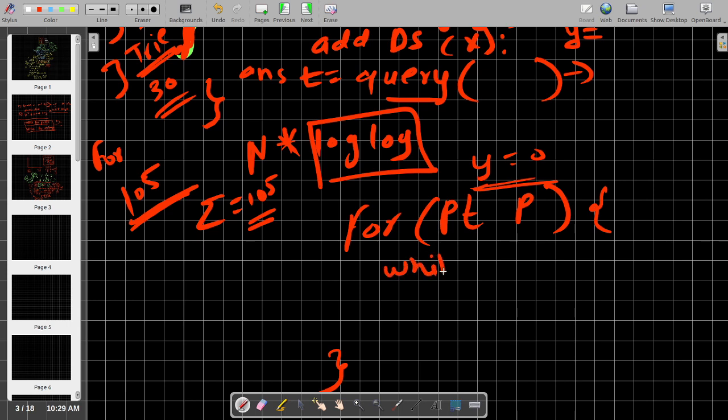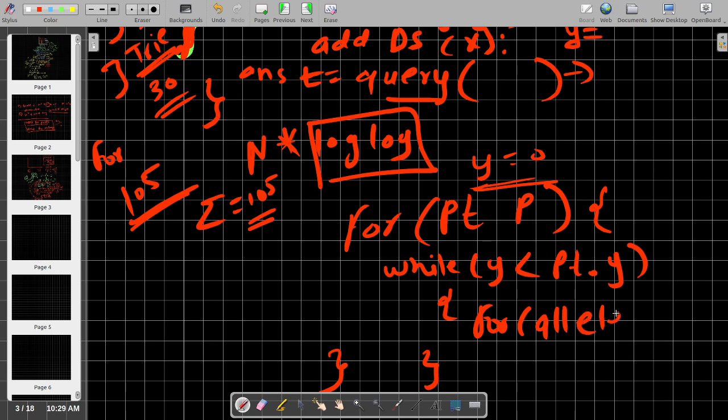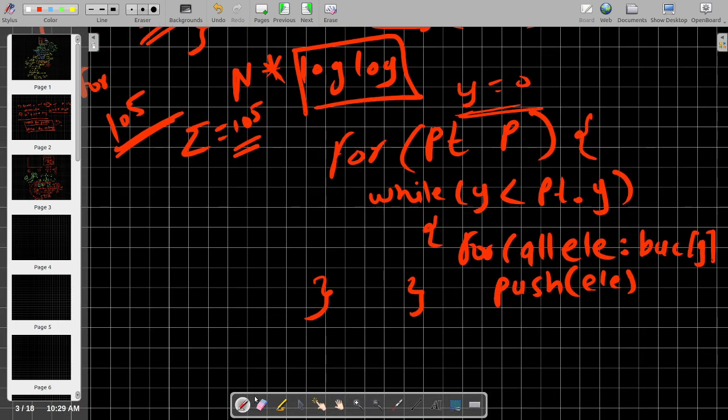While y is less than or equal to the point's y, for all the elements in the list in the bucket of y, push the element into the data structure. Now you can easily query.